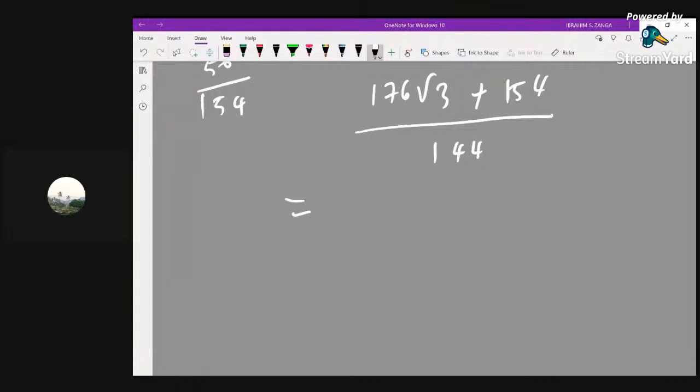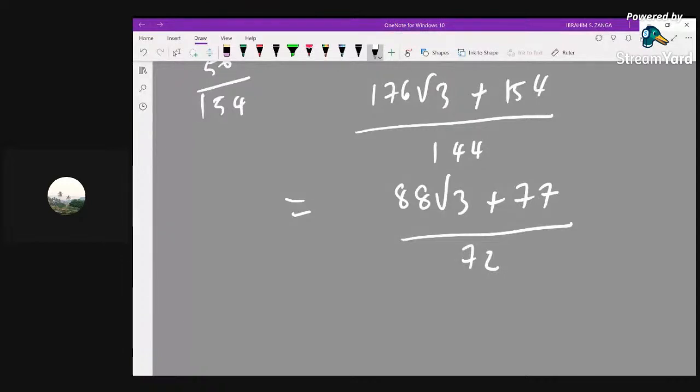So you can simplify by 8 by 8, for example, and so we can say it is 176 by 2, obviously is going to be 88 root 3 plus 2 by 2, here will be 77 over 70.